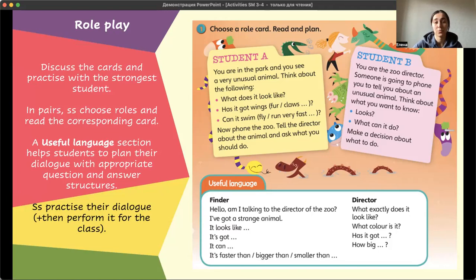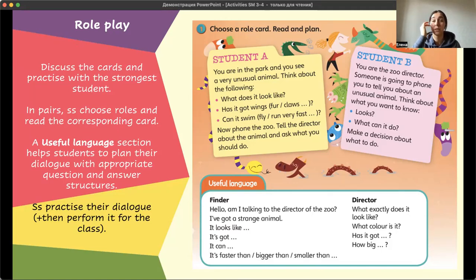Then they swap the roles, or maybe they can perform this dialogue in front of the whole class. So it can be done in different ways. But the task is great, and I recommend you to do it, not skip.